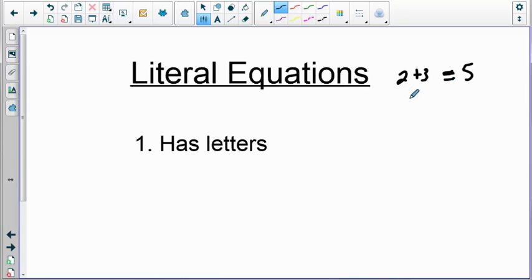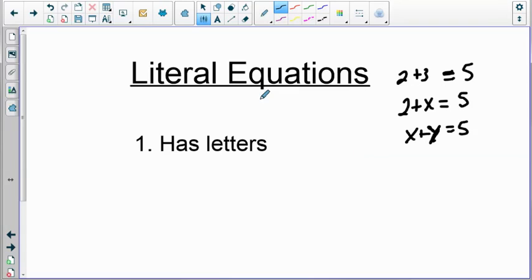If you're talking about one that has letters, you'd have something like 2 plus x equals 5, and then maybe you need to figure out what x is. Now, some people insist in their definitions of literal equations that it's more than one letter, so x plus y equals 5. I guess for our purposes, we're just going to go with at least one letter.